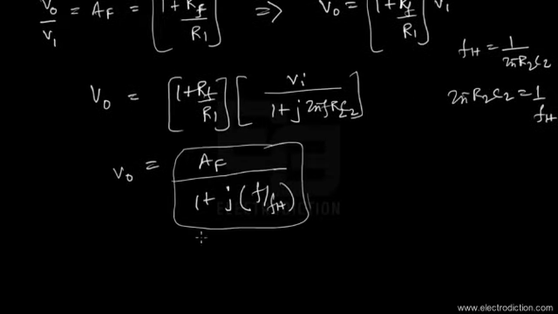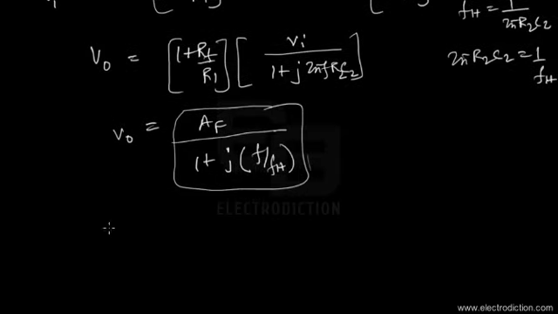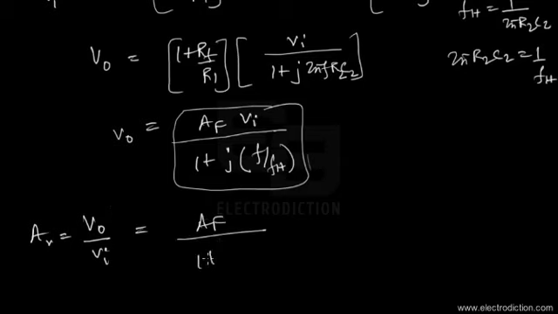Now this is basically a complex quantity, so let's take the modulus of this. Oh, and I just forgot to include VI. So if we bring VI over here, that's VO by VI, the total overall gain of this filter circuit, given by AF by 1 plus j times f by fH.